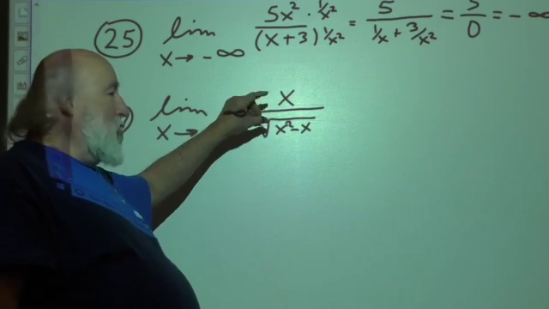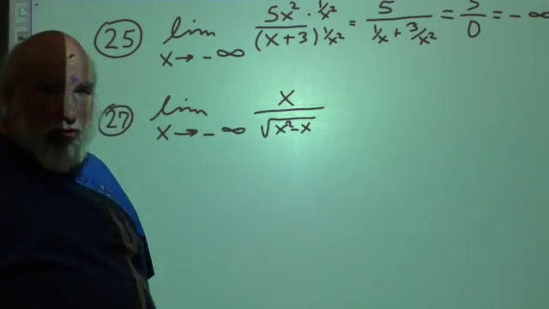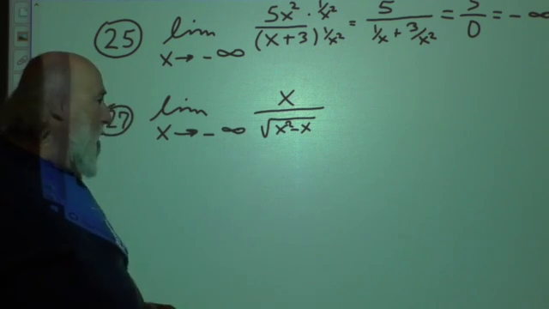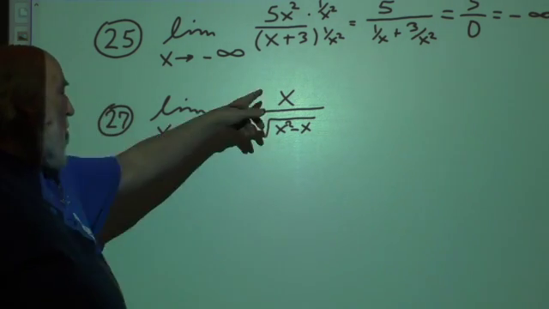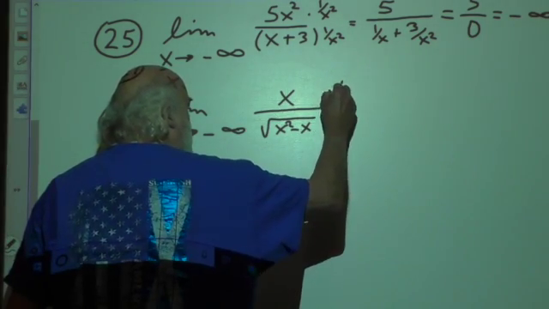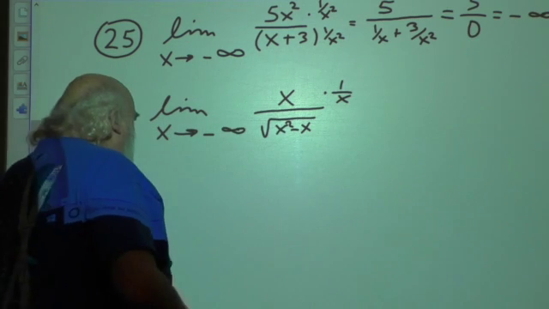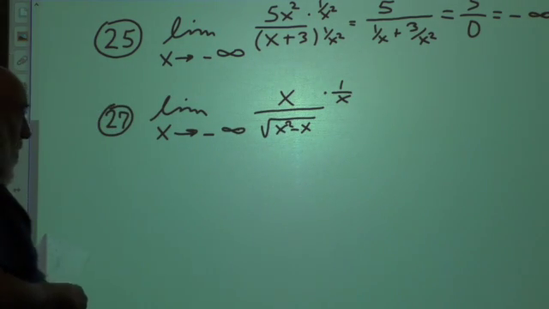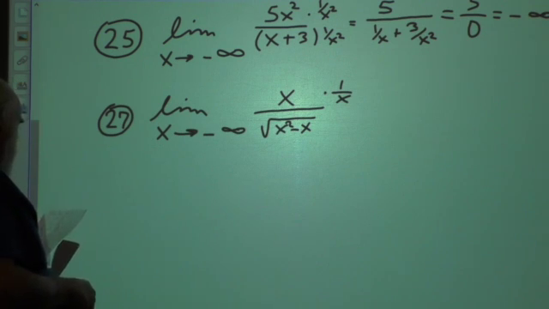So we should get some kind of ratio out of this. Now, of course, things are all screwy here because of the radical. But what we do know is we're going to multiply the top by 1 over x. Now we have to do the same thing with this.